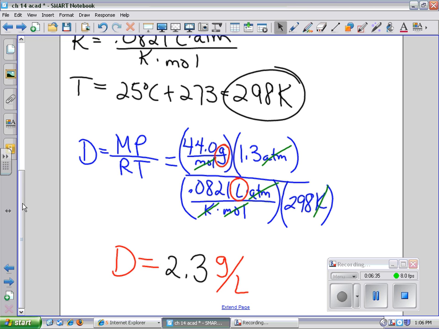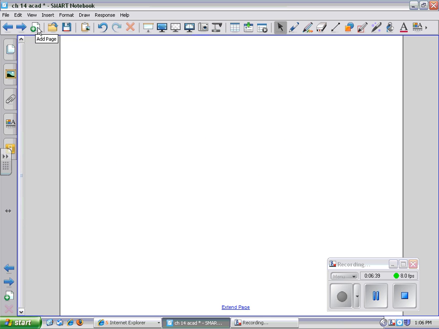Okay, I'm going to write a problem up on the next page for you to do and bring to class tomorrow. So here we go. We have a 250 milliliter sample of a noble gas.